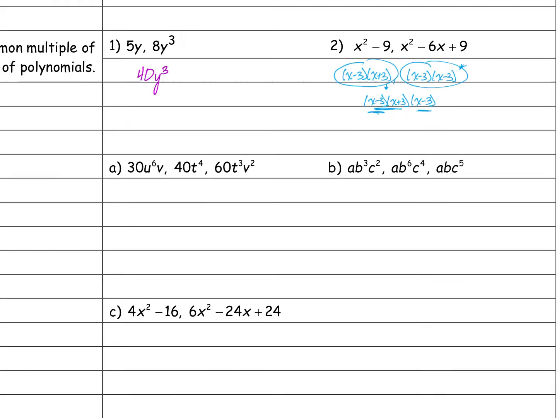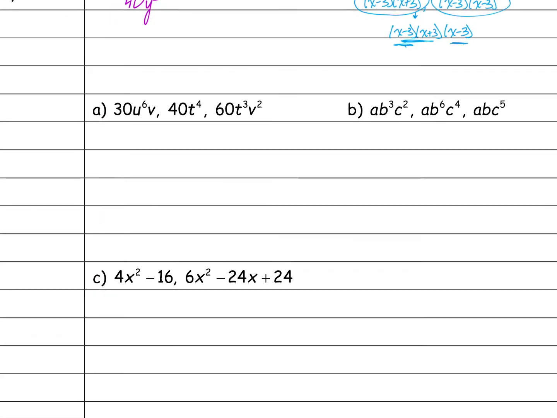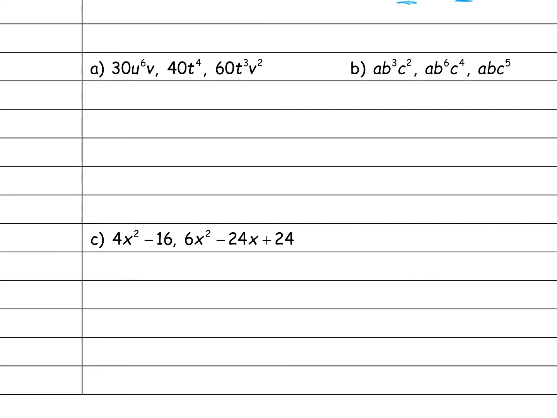So now it's your guys' turn. You've got 3 problems. For number A, our common denominator is 120. And then how I decide on the variables, because that's usually what people have the hardest part with, I just find the highest variable, and that's it.